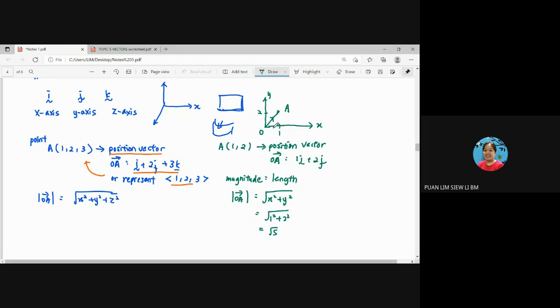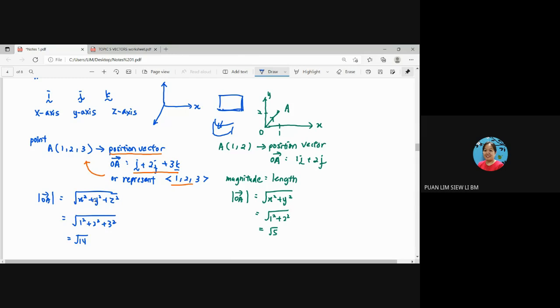That is the magnitude of our vector. If it goes to 3 dimensions, no problem, we just apply the formula: 1 squared plus 2 squared plus 3 squared, so it will be square root 14. This is its length.